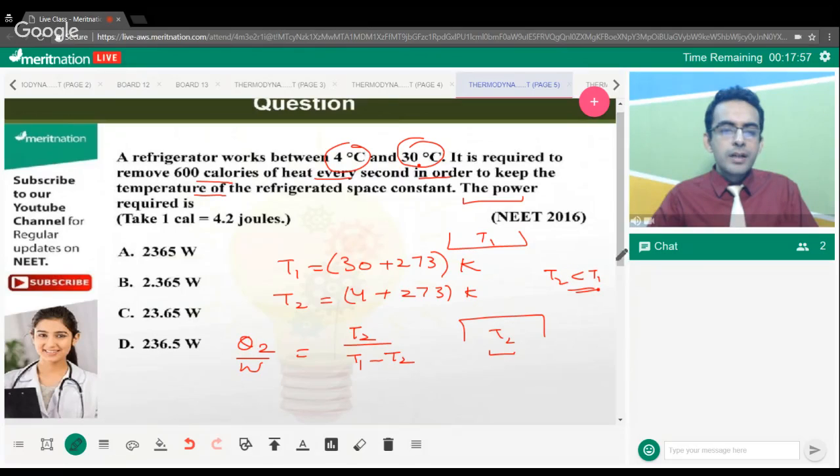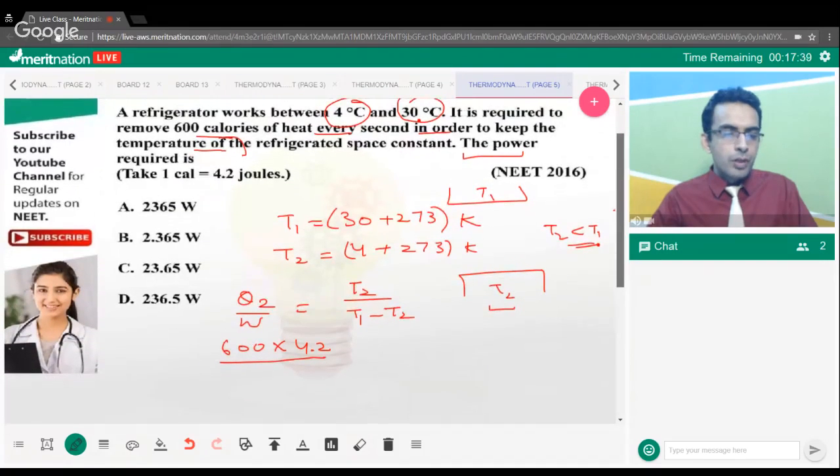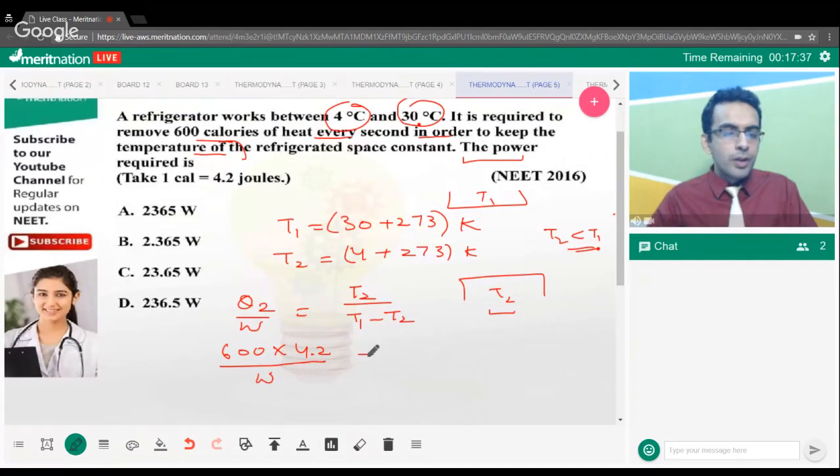Now students, Q2 is given in calories, so first of all, convert that into joules. So 600 into 4.2 divided by W. W is what we have to find from here. What is T2 here? It's 277.